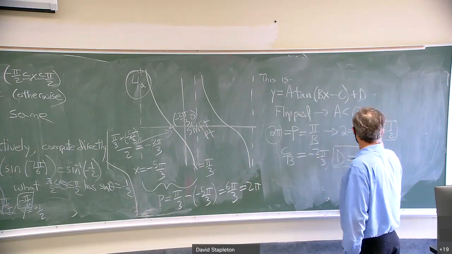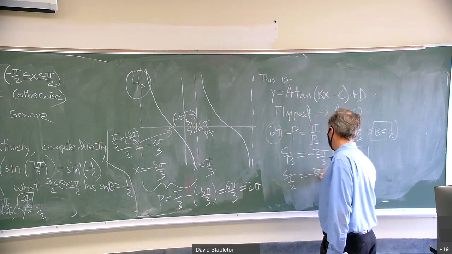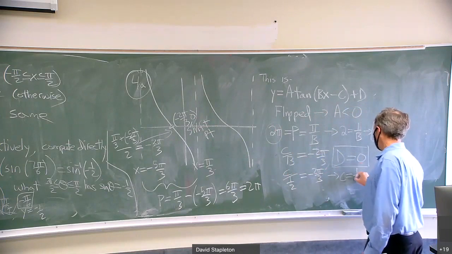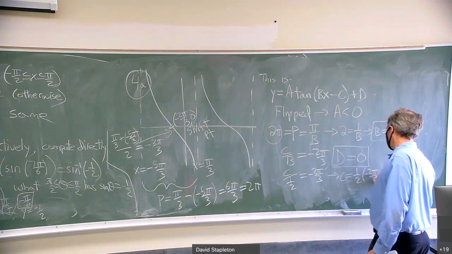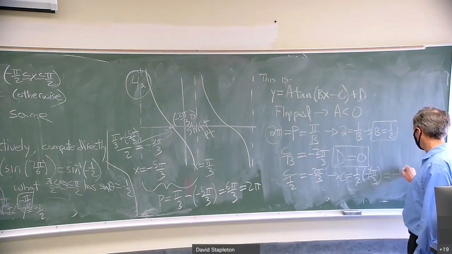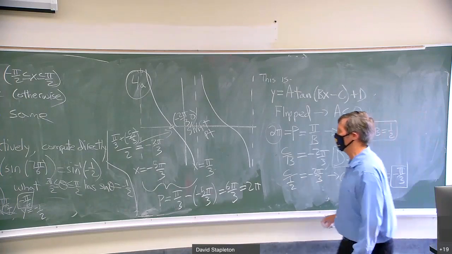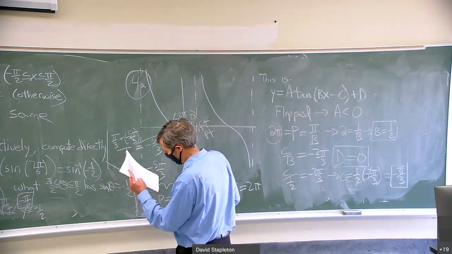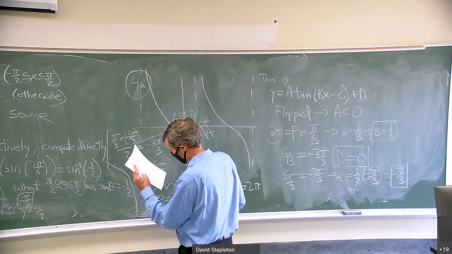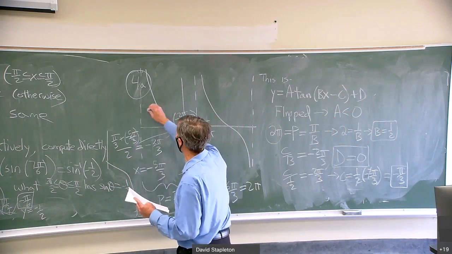Now C over B is this, but B is a half, so this says C over a half equals minus 2 pi over 3. I can multiply both sides by a half and get C equals a half times minus 2 pi over 3. The 2's cancel, and I get minus pi over 3. So there's C is minus pi over 3. And then finally, A, you kind of have to look at this graph and say, well, it looks like at the crossing point halfway between the asymptotes it is about 1.